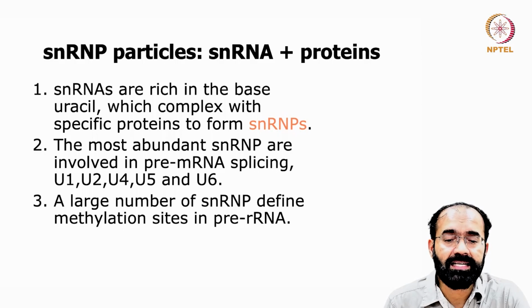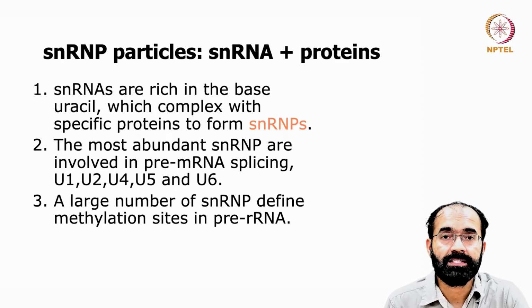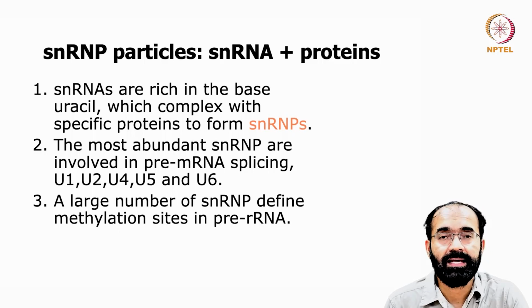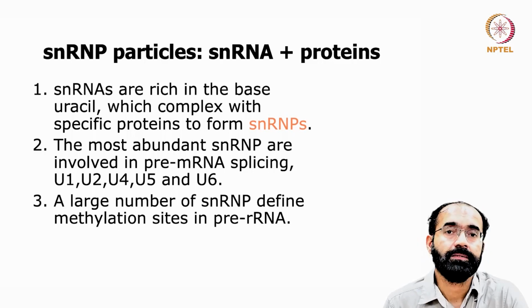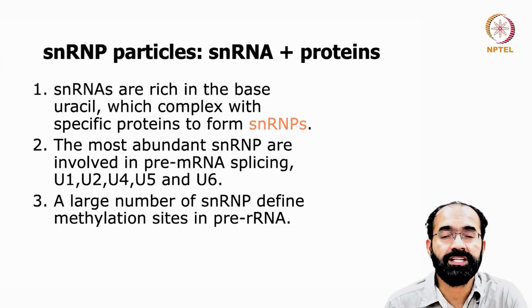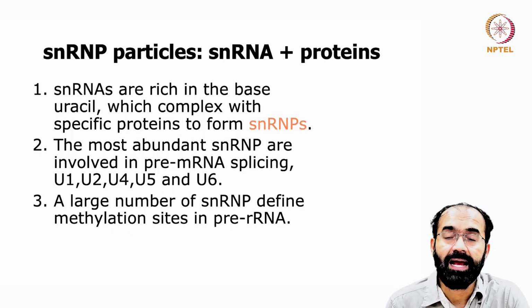And snRNA is also another example of these RNPs; these are spliceosomal RNA. We call it snRNA, and they are not mRNA. Their role is to help in the splicing. So they are encoded as separate genes elsewhere in the genome. snRNAs are rich in the base uracil, which complex with specific proteins to form snRNPs.